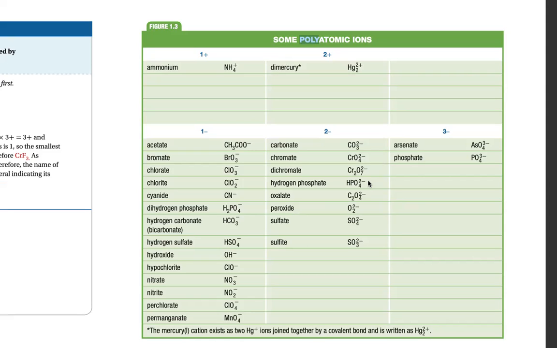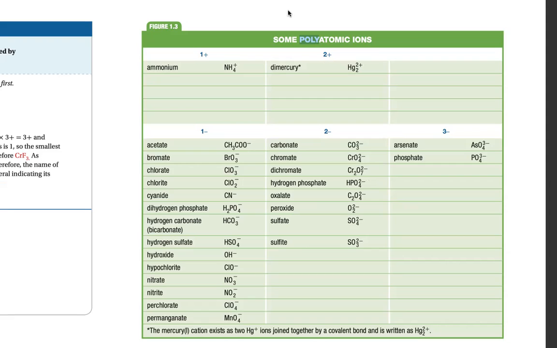Now, I don't know what kind of tools you guys use when you have to memorize things, like definitions or anything like that. I like flashcards. And so what I usually do is I make a flashcard.